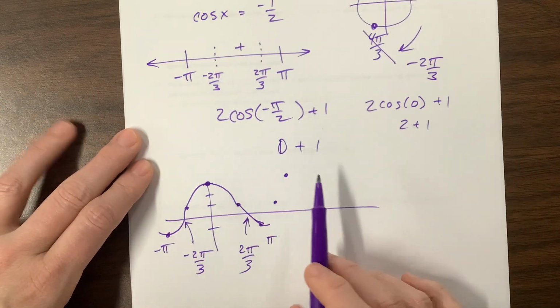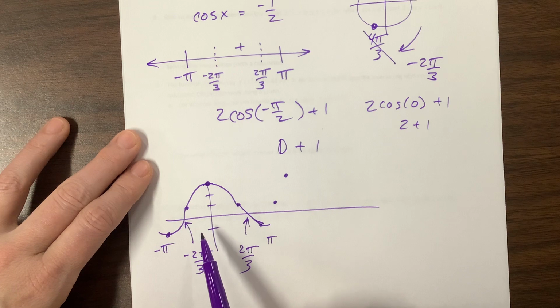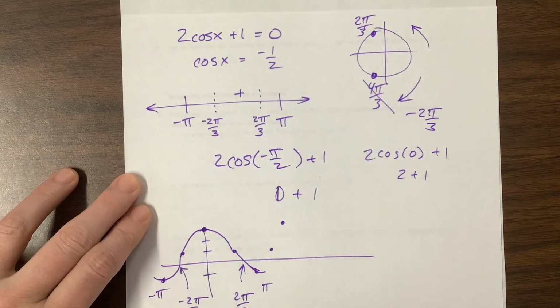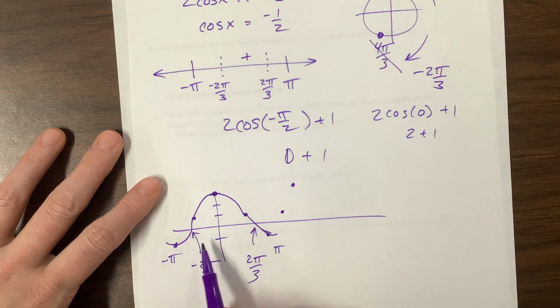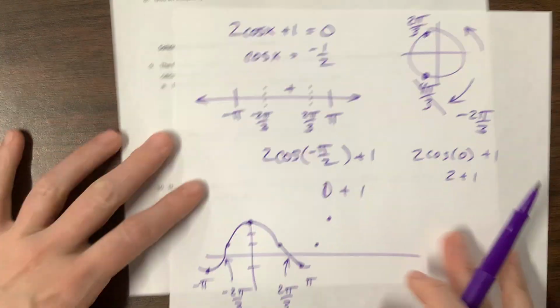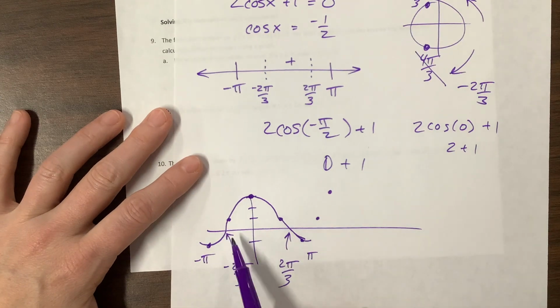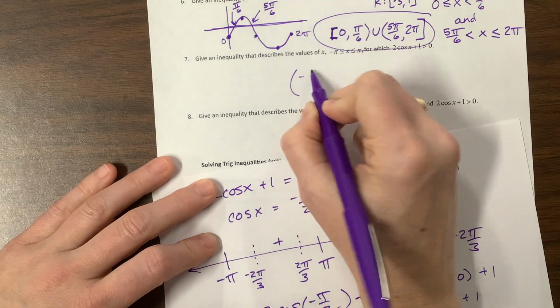Okay, so where is it greater than 0? I think I was plugging in the wrong thing to double check my little graph. It's going to be greater than 0, which was ultimately my question, between negative 2 pi over 3 and positive 2 pi over 3.